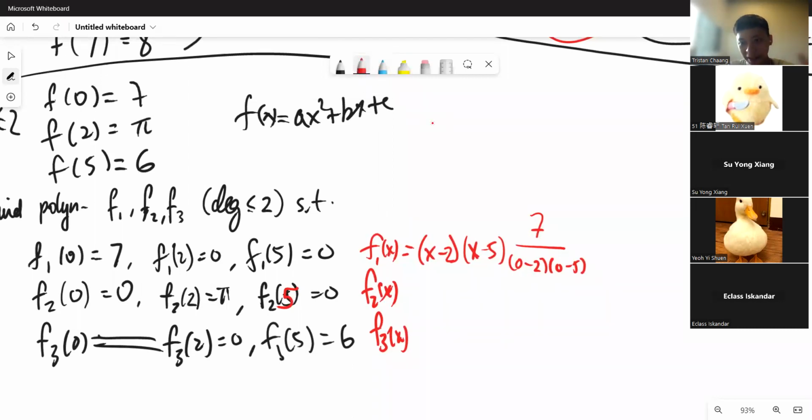Okay, fine, you probably already know the whole thing. So it's like (x minus 5), and as you said, pi over, I'll write it in a technical way, pi over (2 minus 5), and then x times (x minus 5).